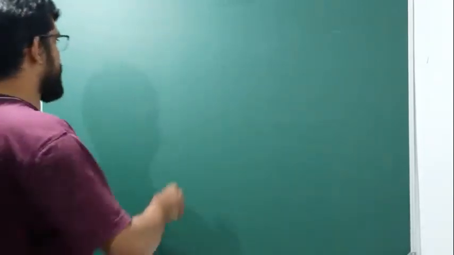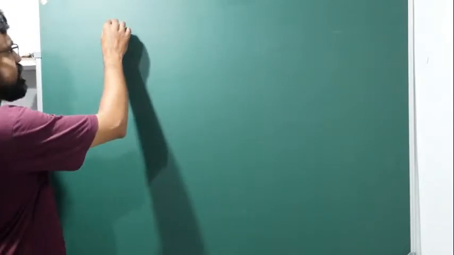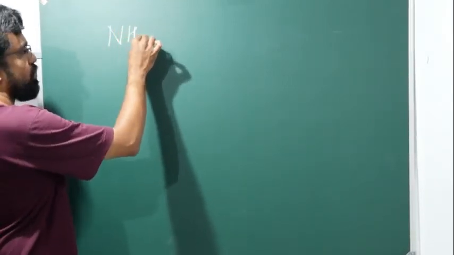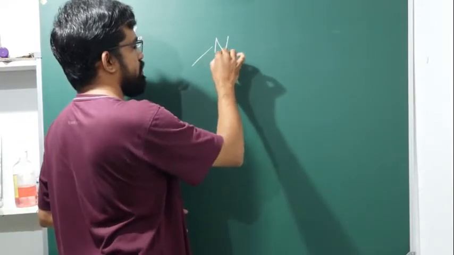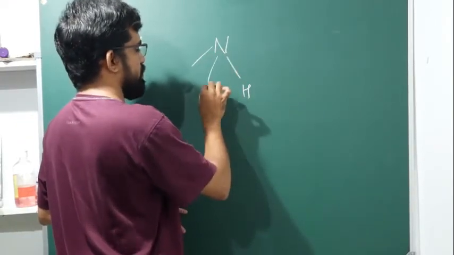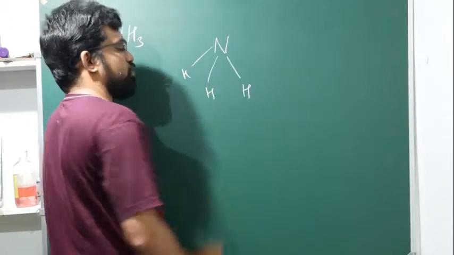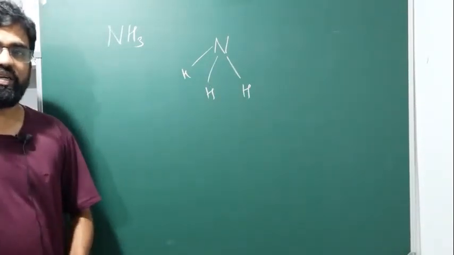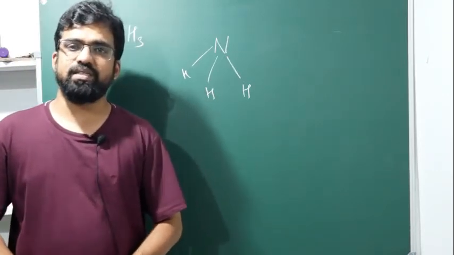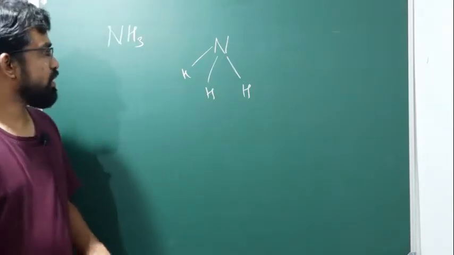Okay, for example, let us take the first example, NH3. So NH3 molecules. So what are the symmetry elements present in the NH3 molecule?